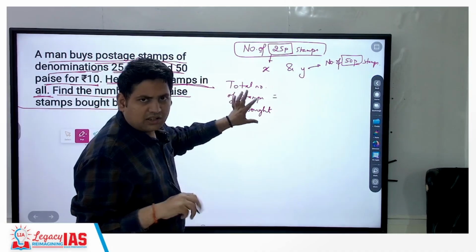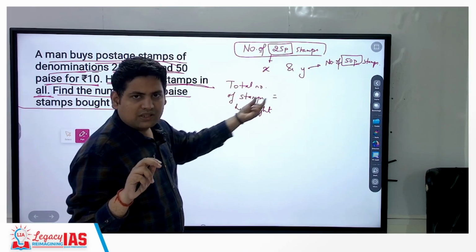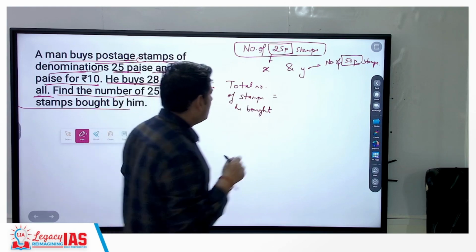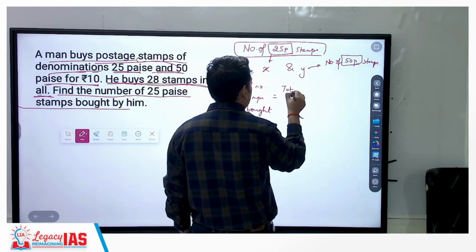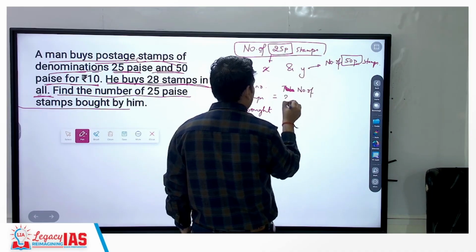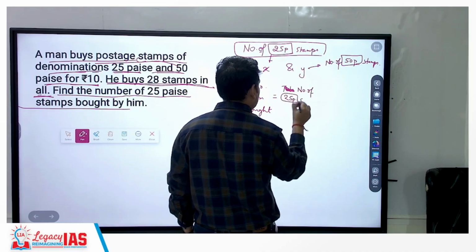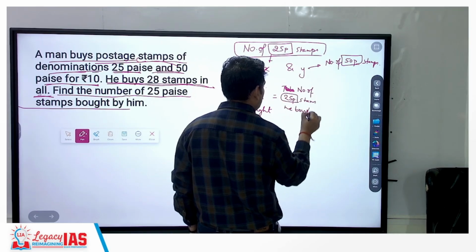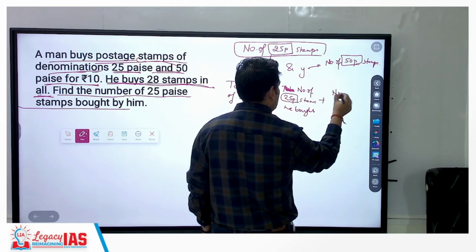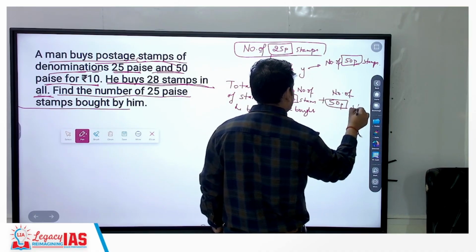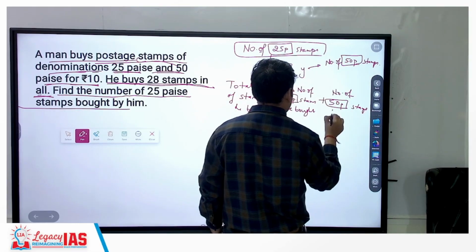If there are only two quantities, 25 paise stamp and 50 paise stamp, what can I write this as? Total number of stamps he bought is equal to the number of 25 paise stamps he bought plus the number of 50 paise stamps he bought.